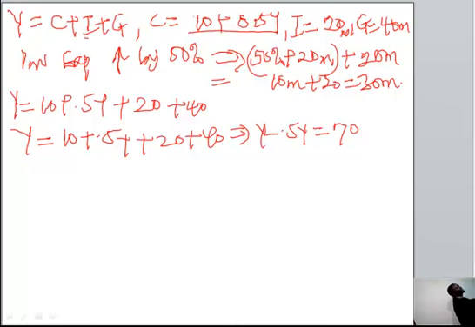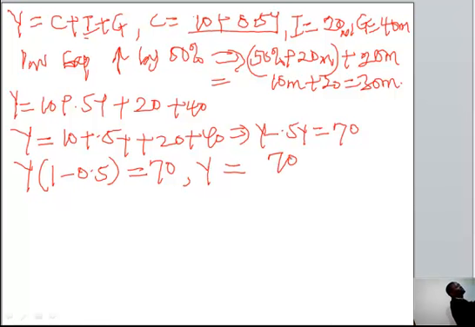If you factorize, we have Y into 1 minus 0.5 equals 70. So now our Y will be equal to 70 divided by 0.5, which is 140 million.